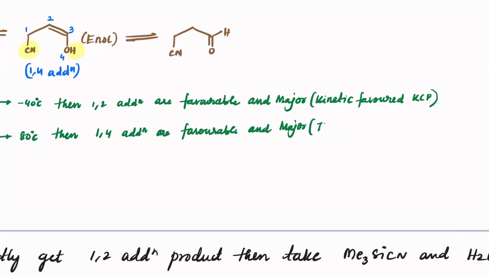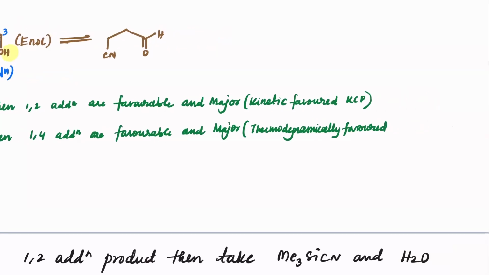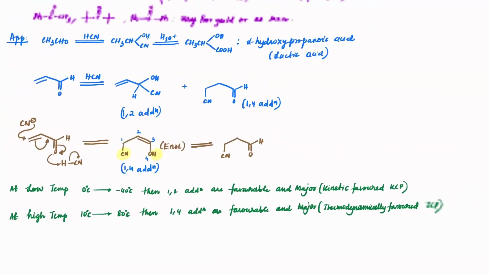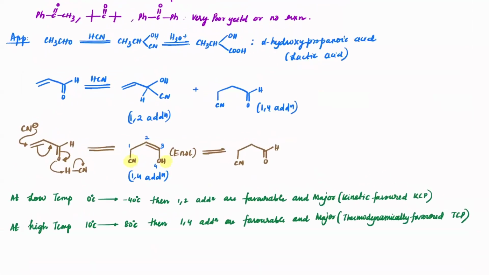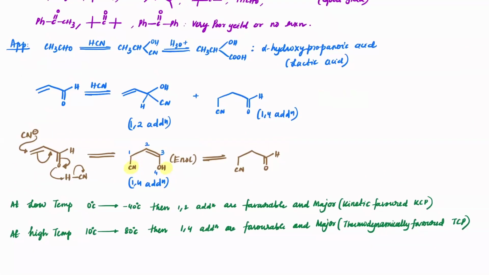So this is thermodynamically favored, which we call TCP. Okay. So depending on the temperature, students, you have to manage accordingly. So based on temperature, identify the major and minor product in this case.